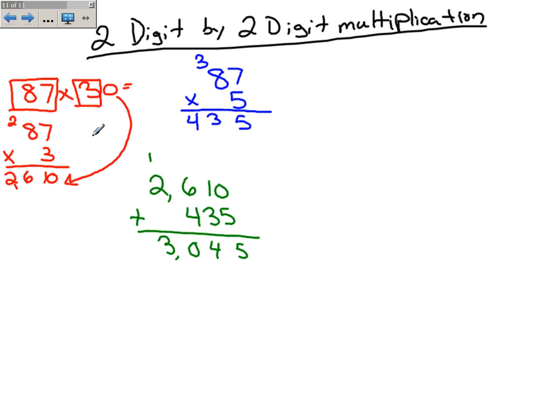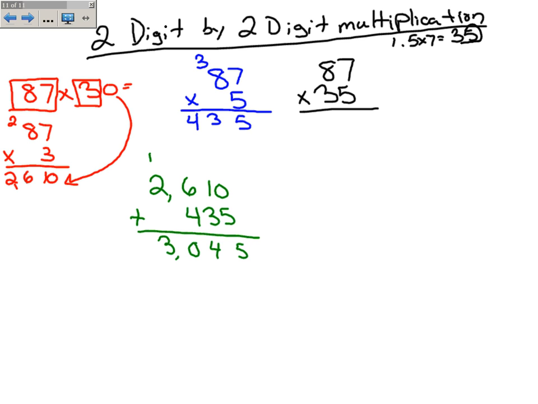Because really what we just did was we multiplied 87 times 35. The first step we did was we multiplied 5 times 7, and that equaled 35.